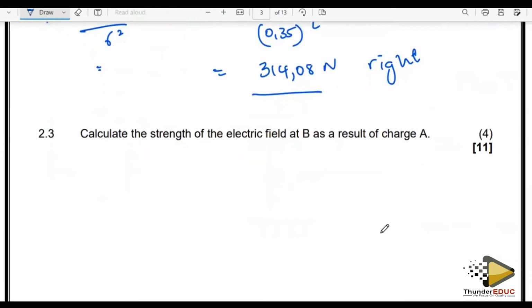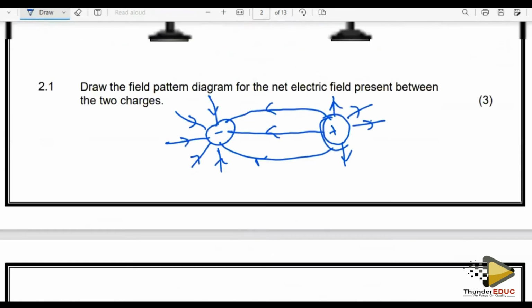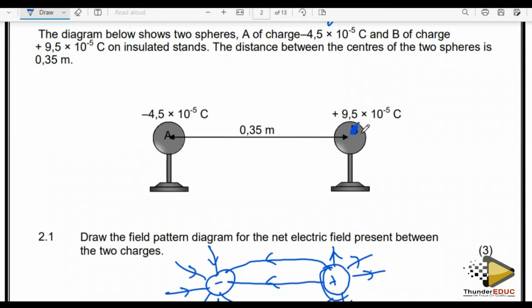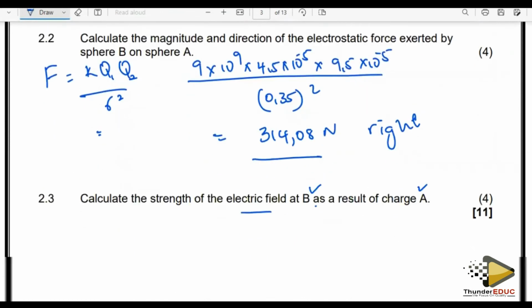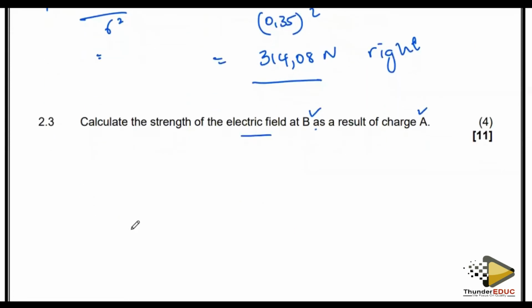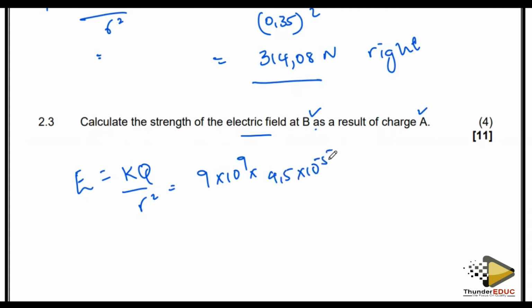Then calculate the strength of the electric field at P as a result of A. So we're gonna assume that instead of having the charge at P, just have a positive, because they're asking for the strength at P as a result of A. So that will be E is equal to kQ over R squared. 9 times 10 to the 9, and then we need the charge of A, so it was 4.5 times 10 to the negative 5, over the distance, which is still the same.